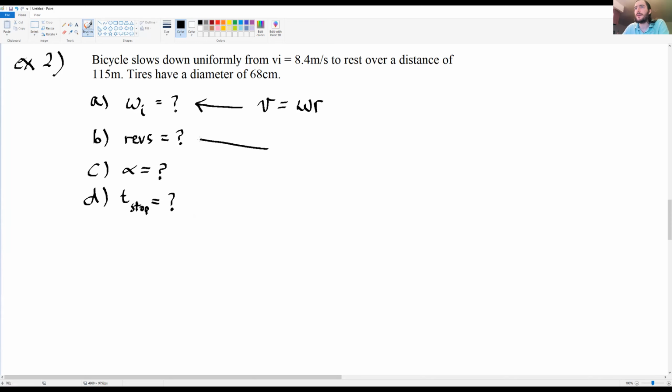One way to do this question would be to think about the connection between the 115 meters and how that's connected to the revolutions that the tire has to go through.